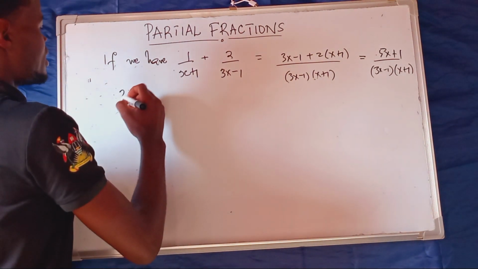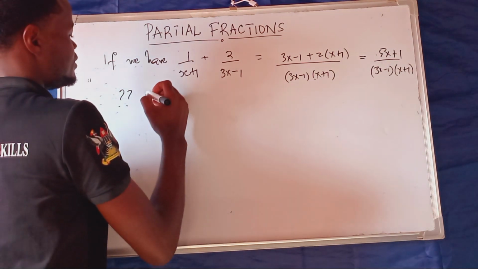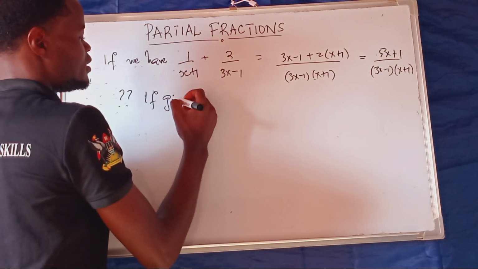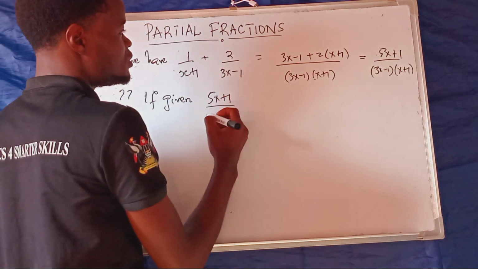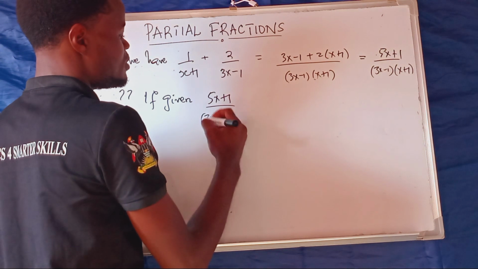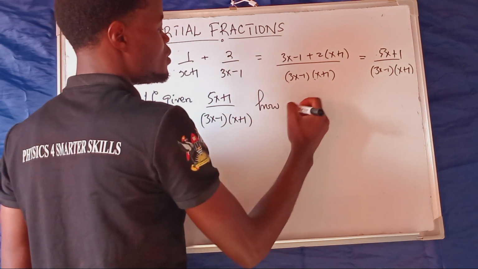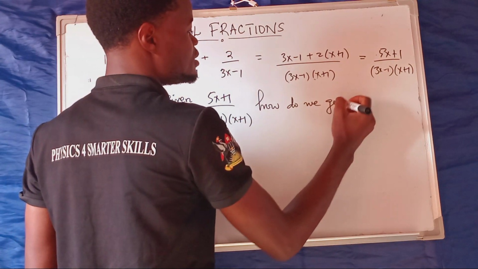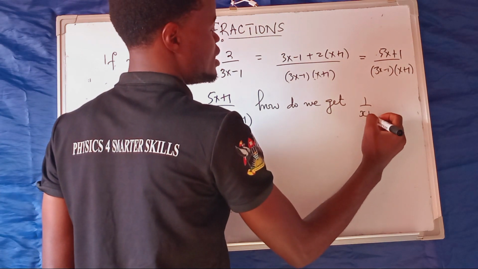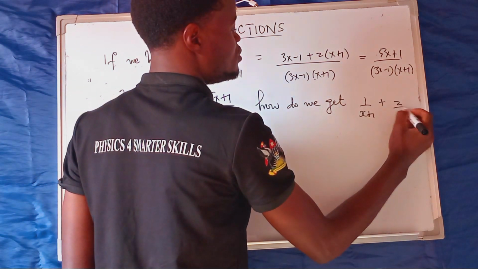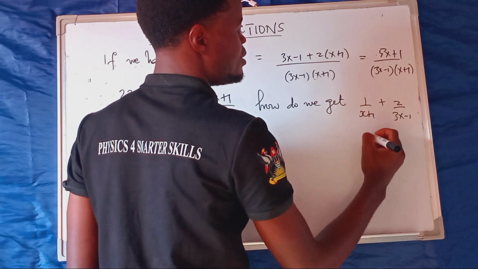Then ask yourself a question: if I am given 5x plus 1 over 3x minus 1, then x plus 1, how do we get 1 over x plus 1 plus 2 over 3x minus 1?